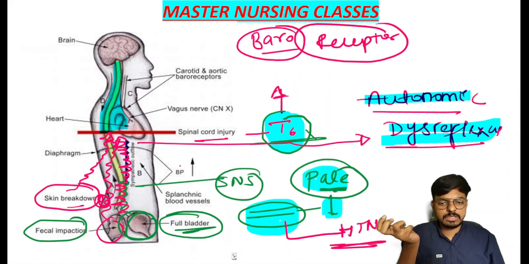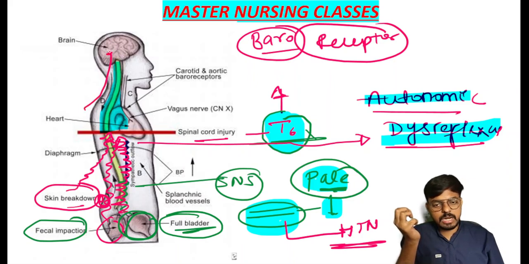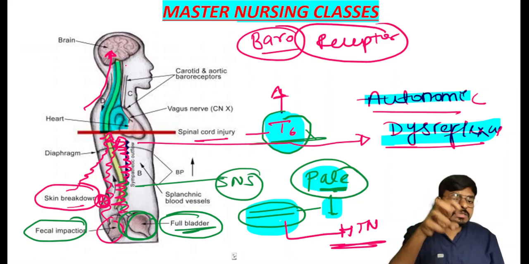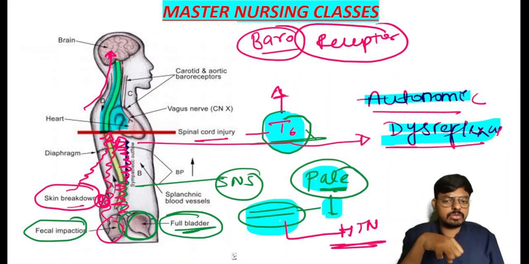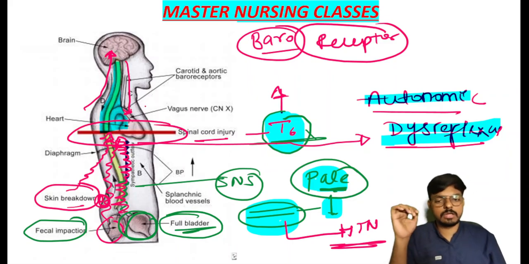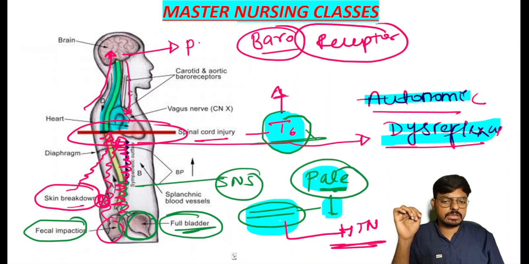Now the baroreceptors are sensing the pressure in the arteries, and they have started sending signals to the brain, and the brain starts to send parasympathetic nervous system impulses down to the body. But the spinal cord is injured here, so it is unable to send them completely down to the body. So the brain activates the parasympathetic nervous system.